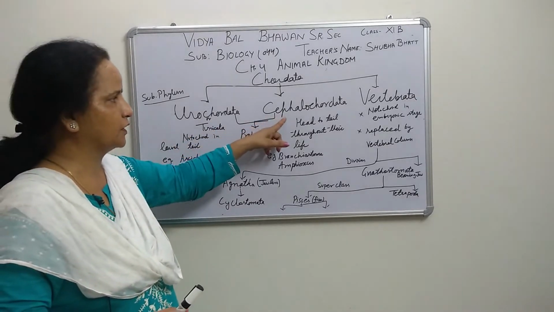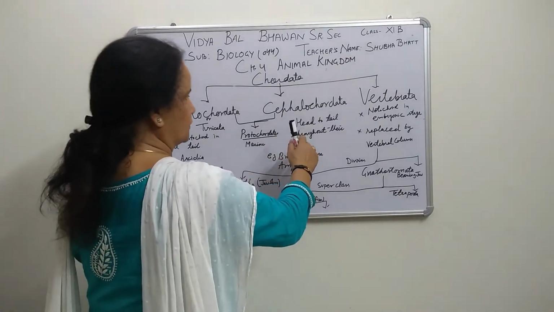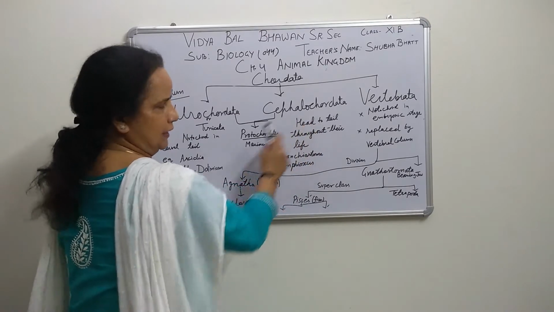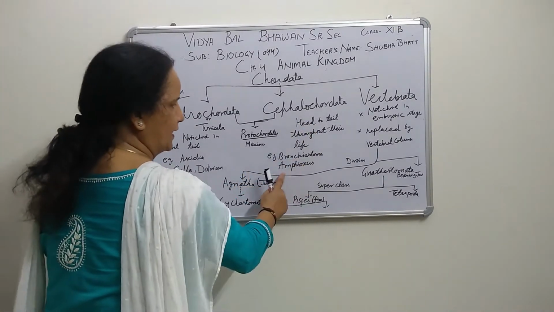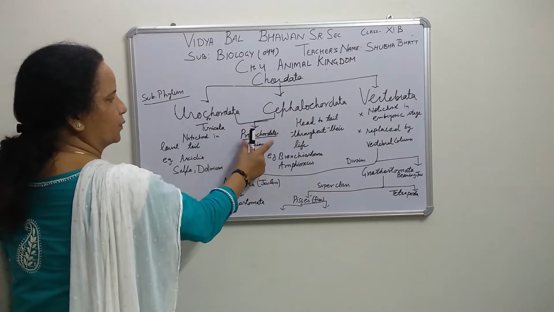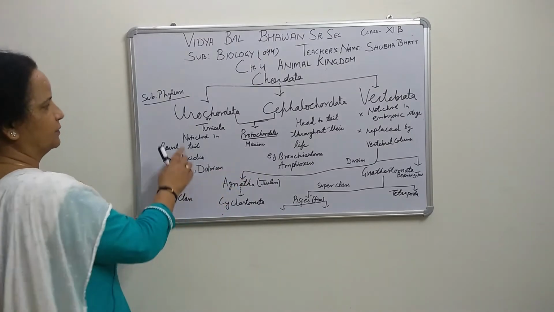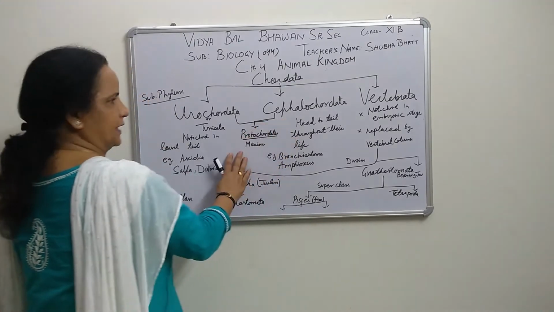In Cephalochordata, notochord is present throughout their life, from head to tail, right? The examples are Branchiostoma and Amphioxus. Both combined are called Protochordata, and these Protochordates, Urochordate and Cephalochordate organisms, are marine.